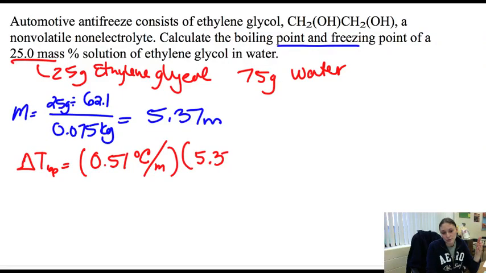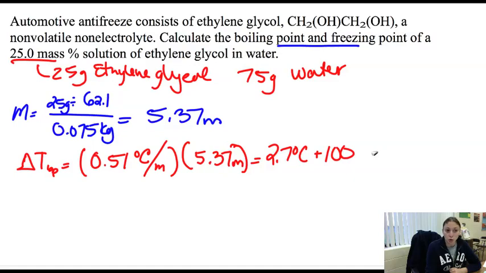I have 5.37 molal, which means my boiling point is going to go up by 2.7 degrees. Now, does that mean the boiling point of water is 2.7 degrees? No. It means you add it to what it is normally. So it's going to now boil at 102.7 degrees Celsius. Again, that's why they tend to add salt to pasta water, spaghetti water, to make the boiling point go up.